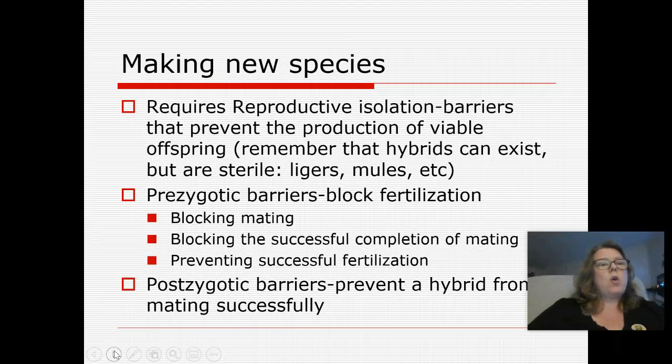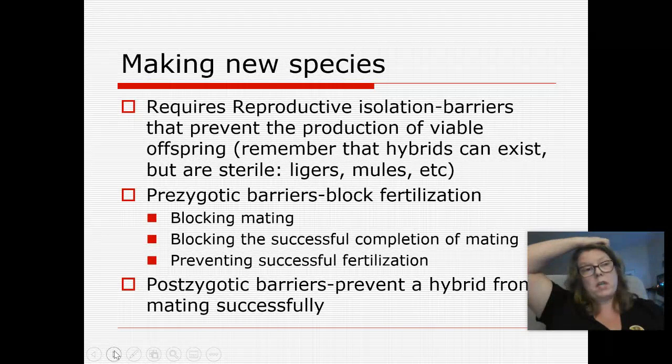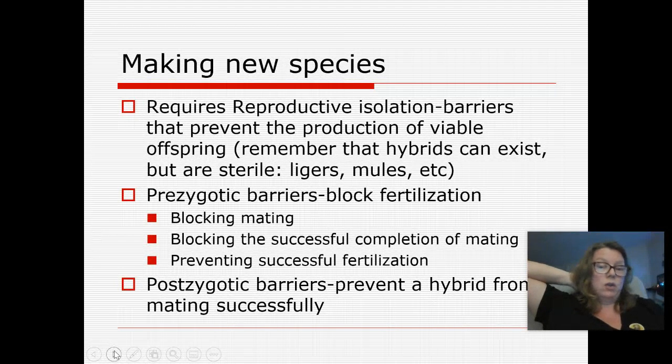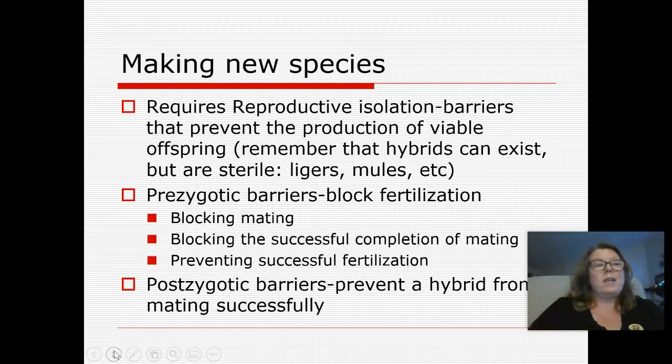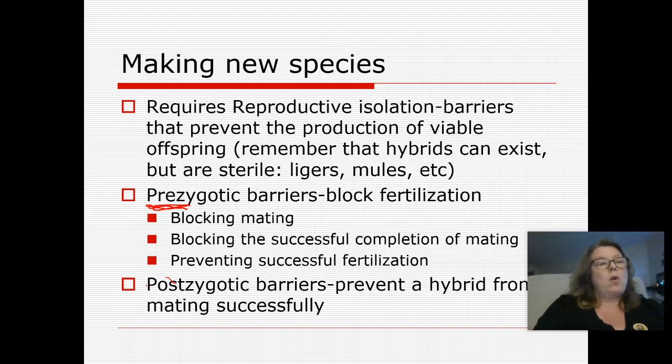All right, so there are two types of barriers that you have then. There's the pre-zygotic, in other words, before a zygote can be formed, right? Remember, a zygote is that initial fertilized egg. That's called a zygote. Okay, so that's why it's pre-zygotic, before a zygote even can form. And then there are post-zygotic, after the zygote forms, that are barriers.